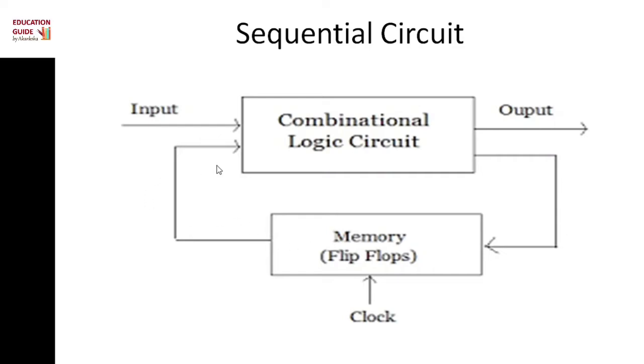The past history is provided by feedback from output back to the input. It means that the sequential circuit has a memory. The sequential circuits are thus made up of combinational circuit and memory elements.